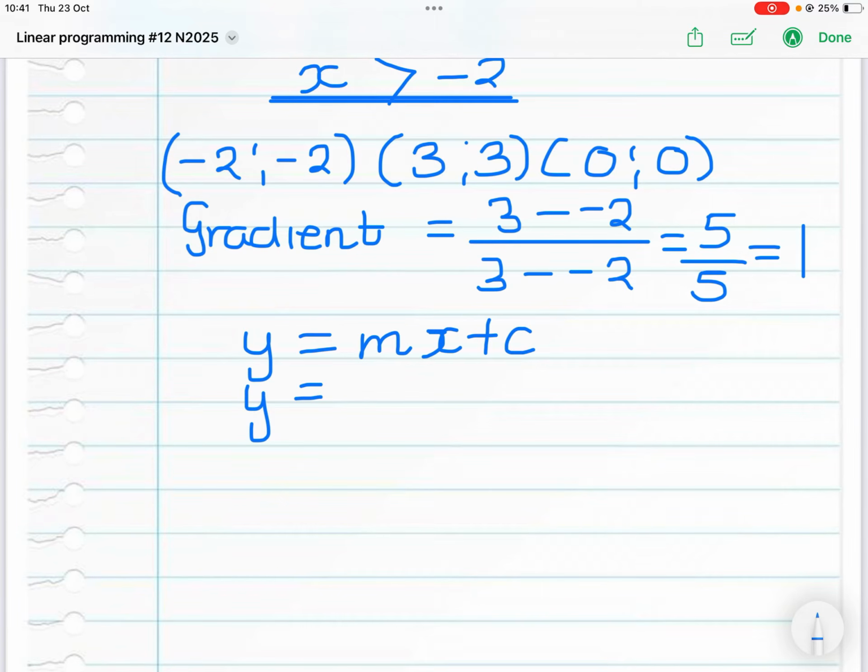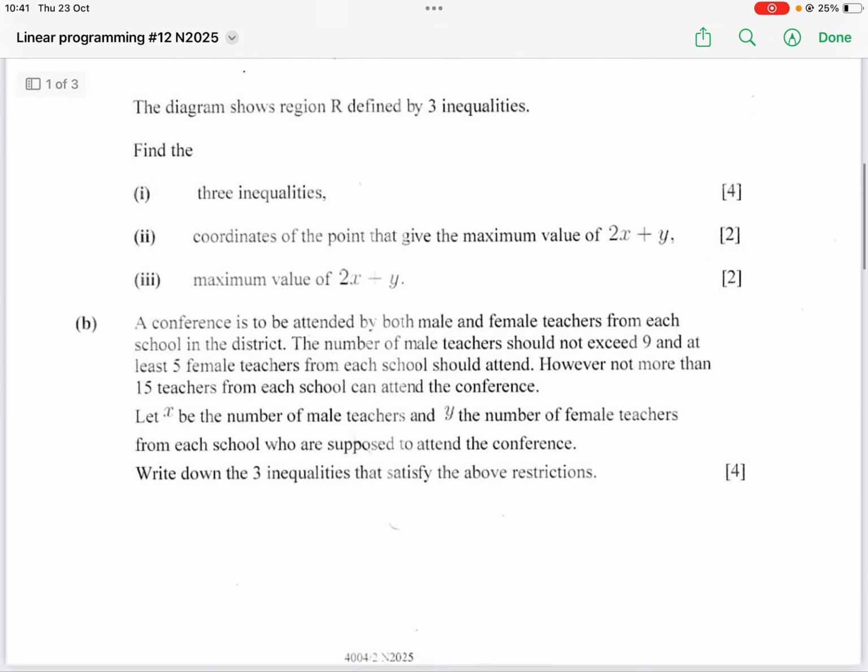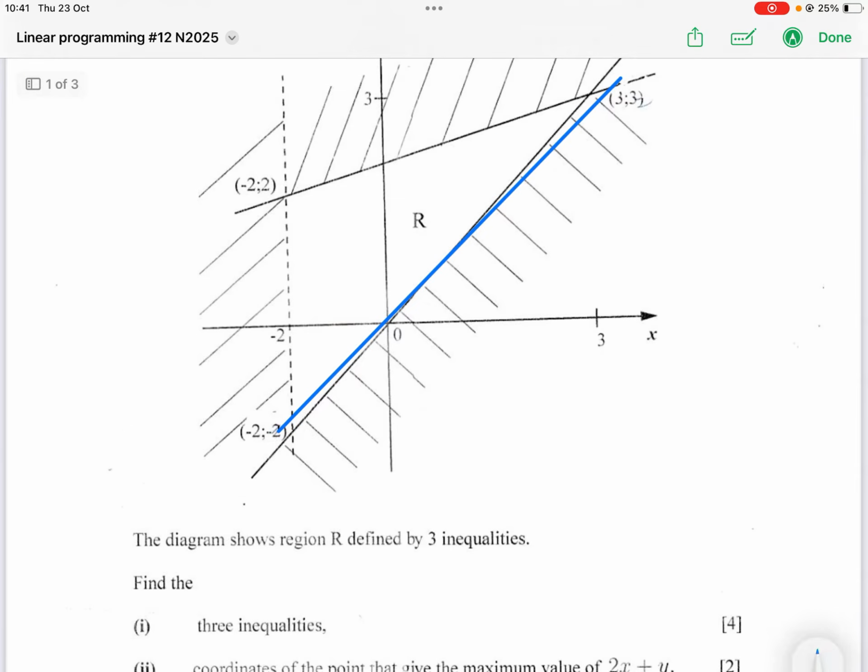Our gradient is 1, and it is passing through the y-axis at 0. So it means that the equation of that line is y is equal to x, right? So the equation of this line is y is equal to x.